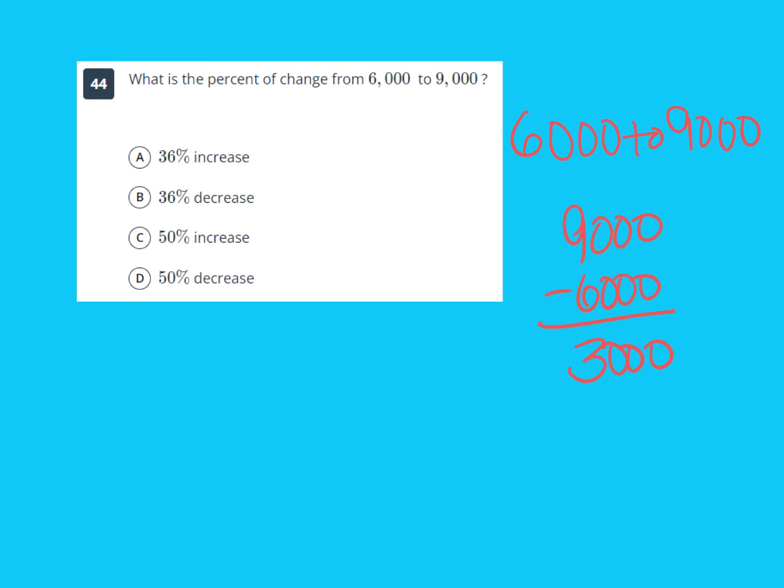So then, honestly, we don't even need a calculator for this because if we start at 6,000, we should know automatically that 3,000 is 50% of 6,000, right?